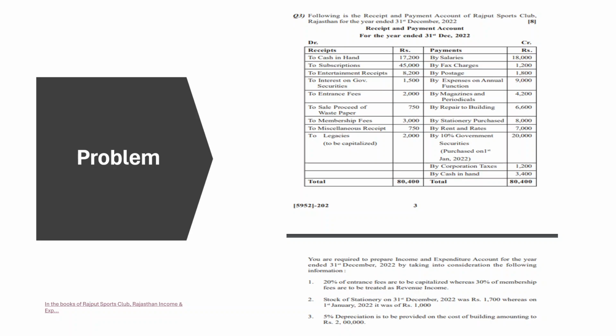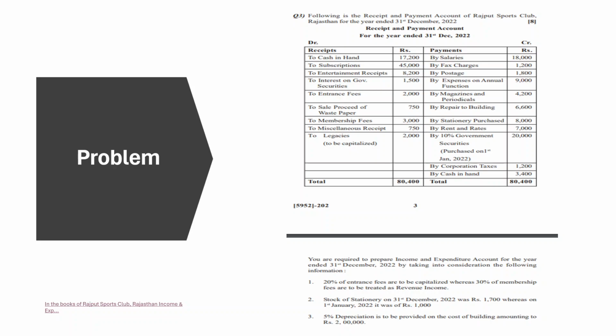While under the payment side the given amounts are: by salaries 18,000, by fax charges 1,200, by postage 1,800, by expenses on annual function 9,000, by magazines and periodicals 4,200, by repair to building 6,600, by stationery purchase 8,000, by rent and rates 7,000, by 10% government securities purchased on 1st of January 2022, the amount is 20,000, by corporation taxes 1,200, and the last amount, by cash in hand 3,400.